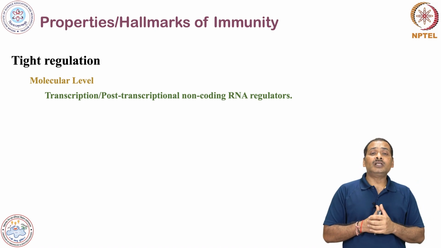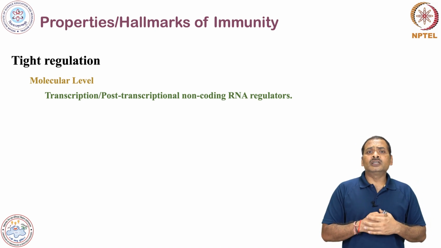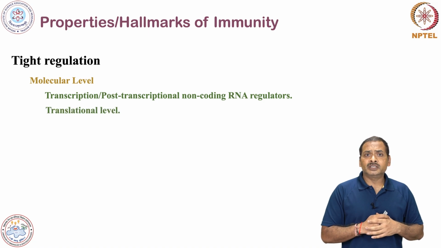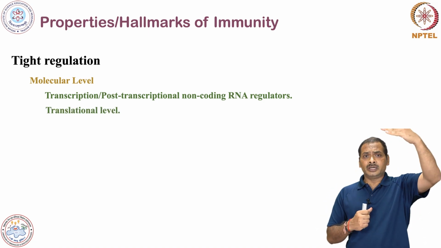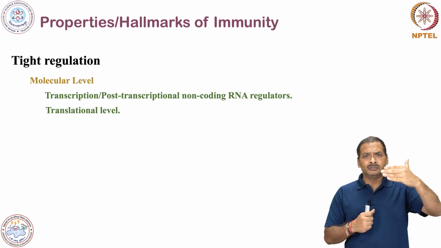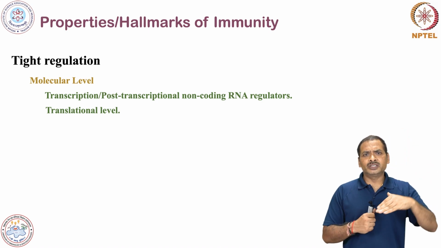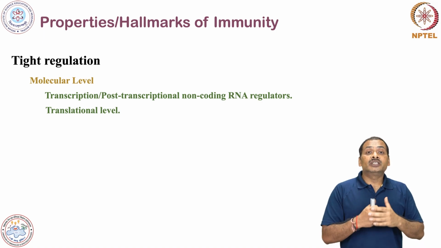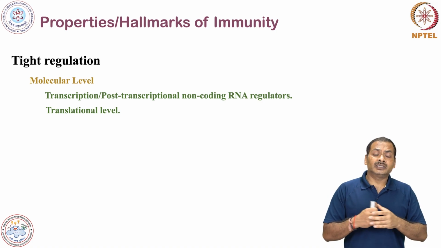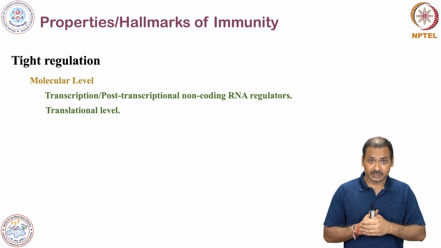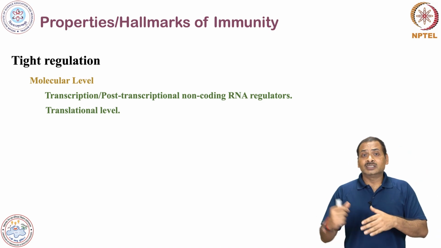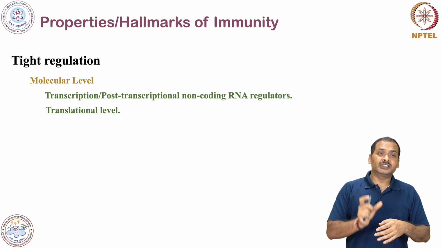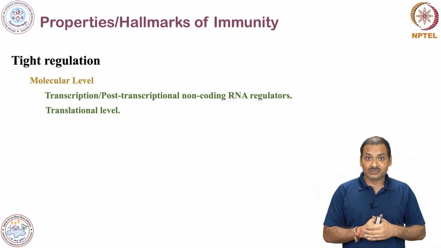Another molecular level regulation could be at the protein level, when mRNA is translated into protein, which we call translation. Then there is post translational modification. Once the protein is synthesized, various groups are added in order to make that protein functional.